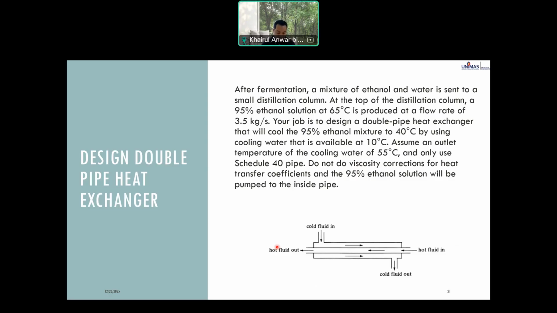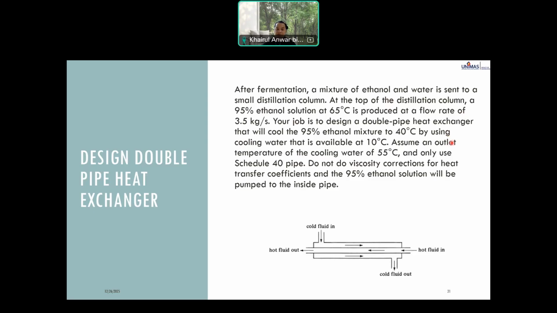So for this double pipe heat exchanger, see page 682. After fermentation, a mixture of ethanol and water is sent to a small distillation column. At the top of the column, 95% ethanol at 65 degrees C is produced at a flow rate of 3.5 kg per second.